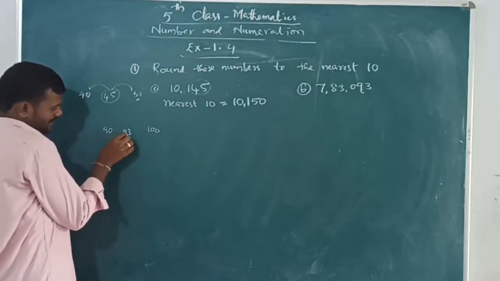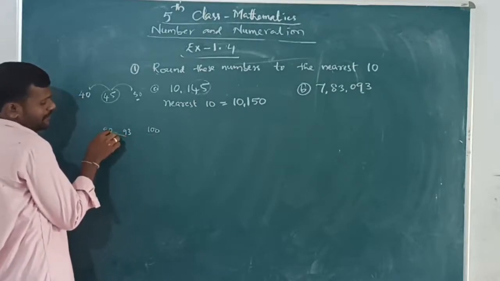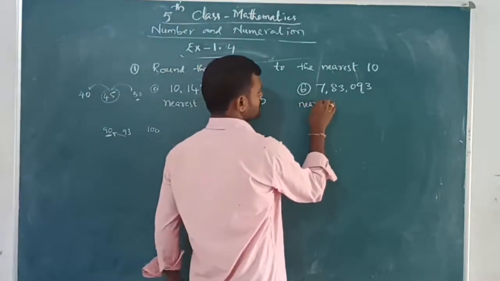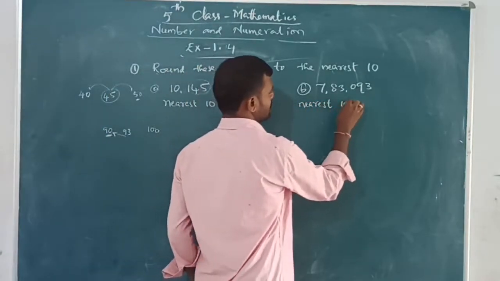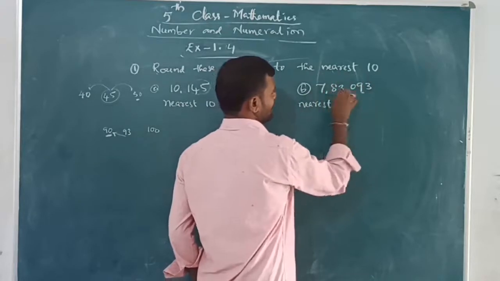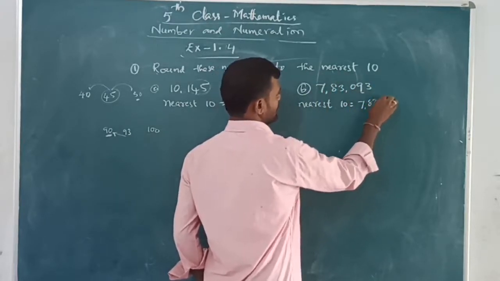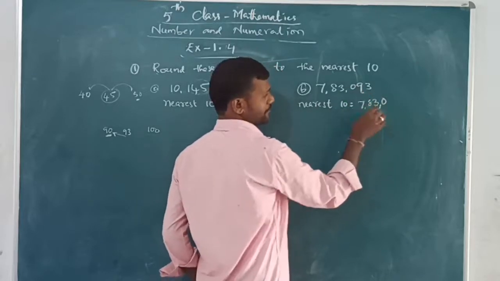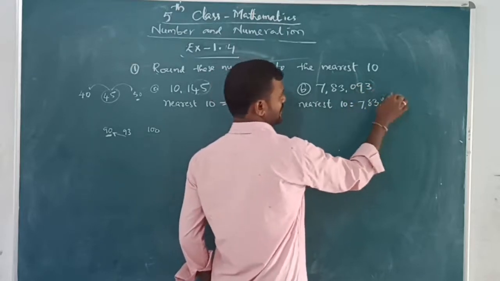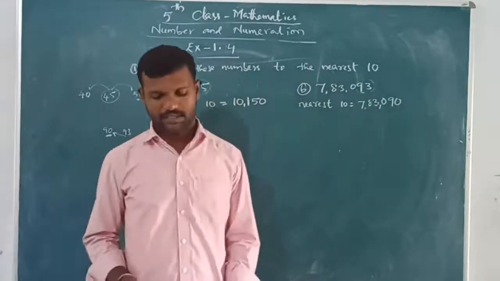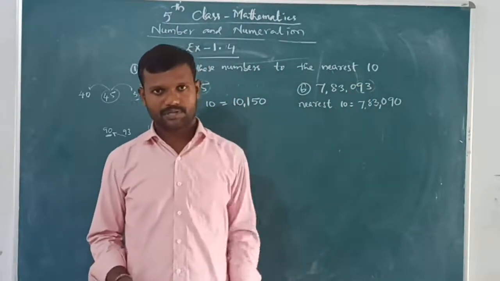Okay. So 93 is close to which number? 90. So nearest to 10. The remaining numbers are same. 7,83,000 and this 0 is also same. Here in the place of 93 what we should write? Only 90. Okay. Like this you should write.